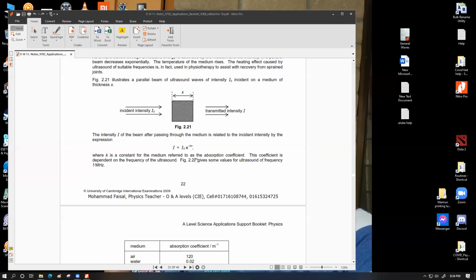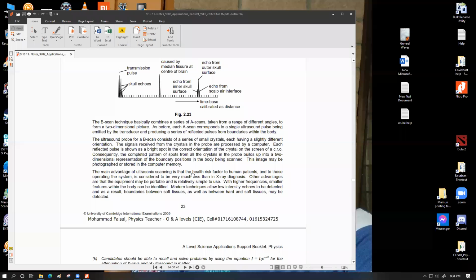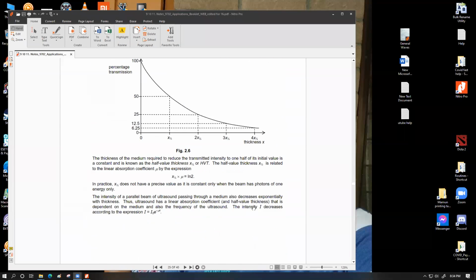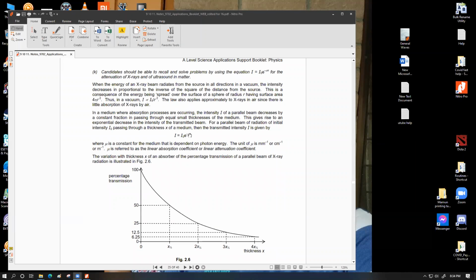There is an interesting thing: for ultrasound, this constant k is defined as the absorption coefficient, whereas for X-rays we have the same shape of equation, I equals I naught e to the power minus mu x, where in this case mu is called the attenuation coefficient or absorption coefficient.